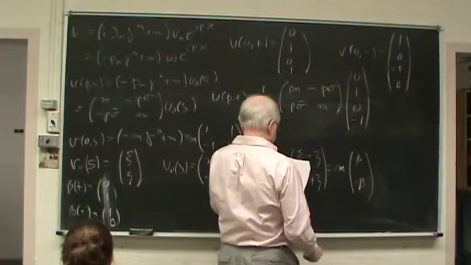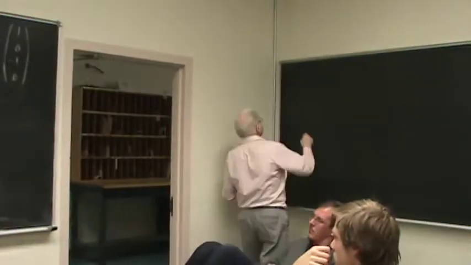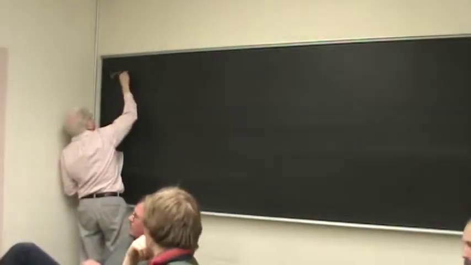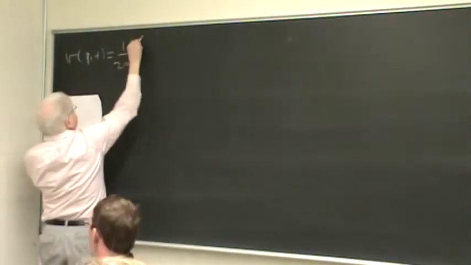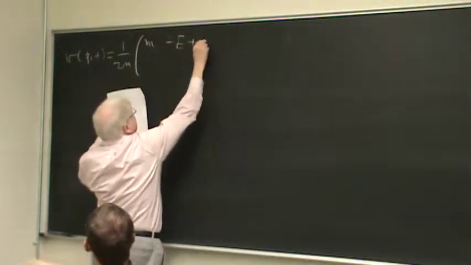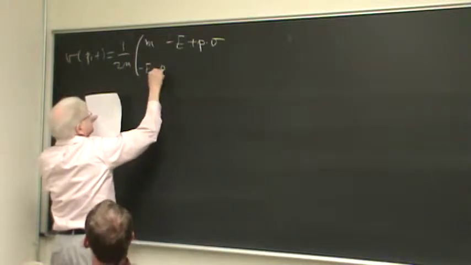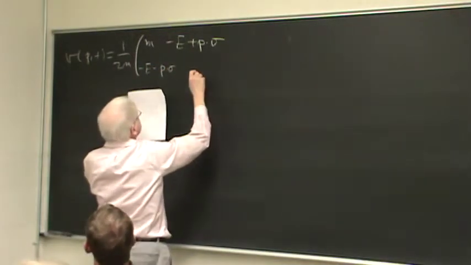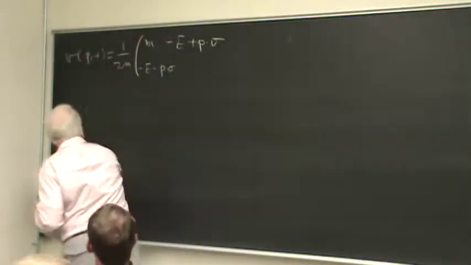Okay, so v of p and plus then is 1 over 2m, m minus E plus p dot sigma, minus E minus p dot sigma. All right, I've got to use more space here.